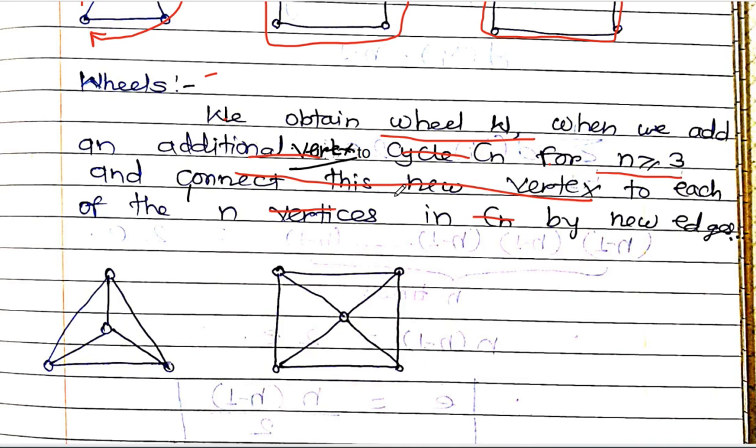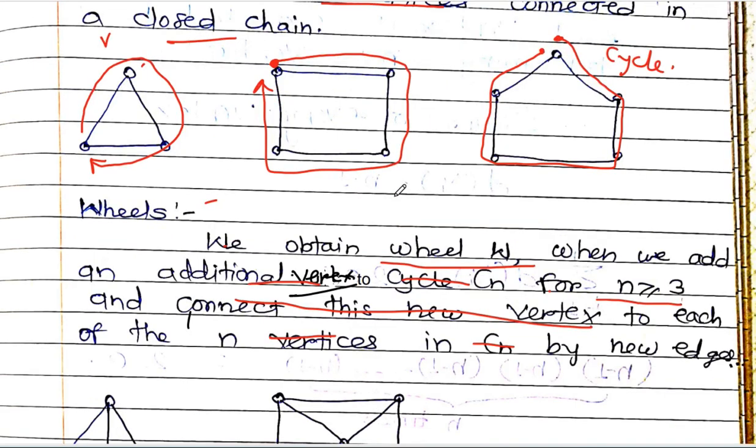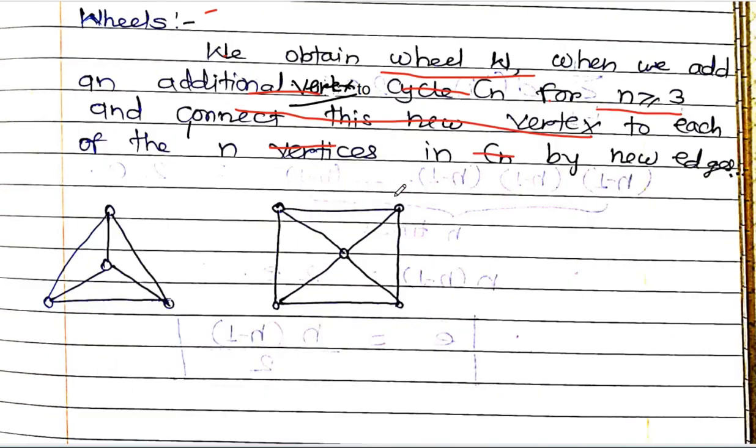In this figure there are 3 edges and 3 vertices. If you add one more vertex here and connect it with every other vertex, this will form a wheel. So for every cycle graph, if you add one more vertex and connect it with all other vertices, then it forms a wheel.